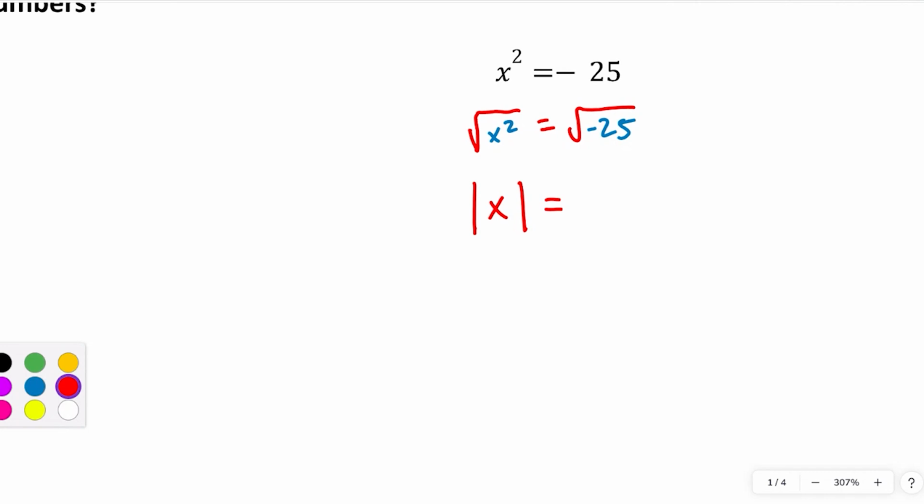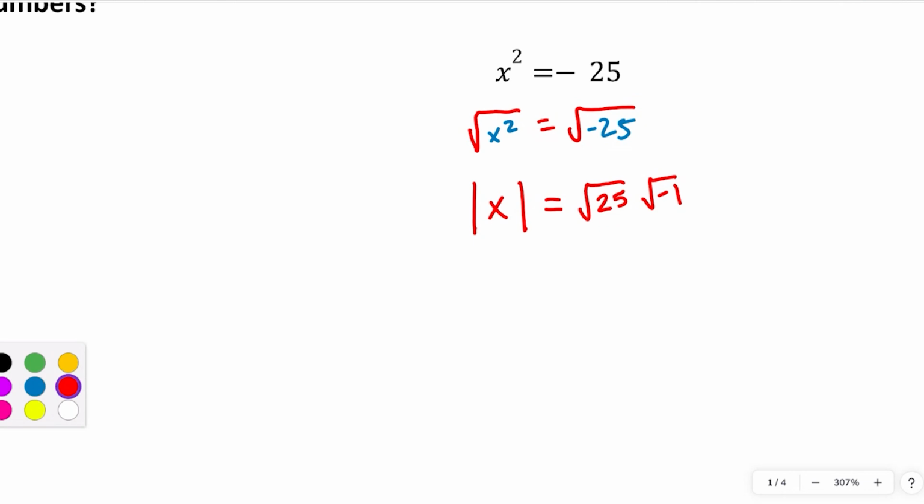And we can rewrite the square root of negative 25 as the square root of 25 times the square root of negative 1. Basically, what we're doing is factoring out that negative 1, because that's what's causing really all the problems here. It's a little bit of a problem child, that square root of negative 1.